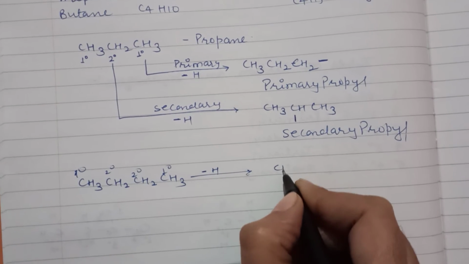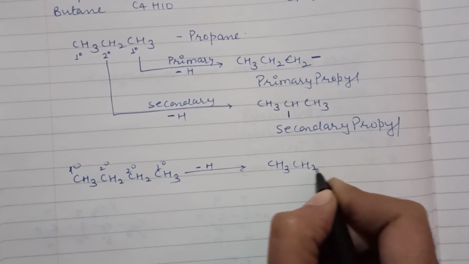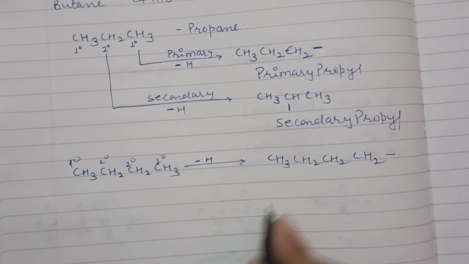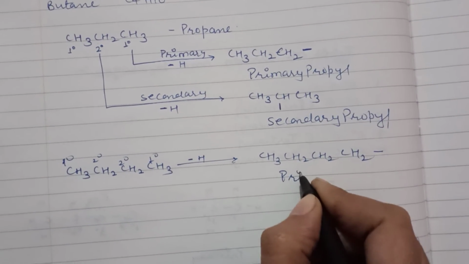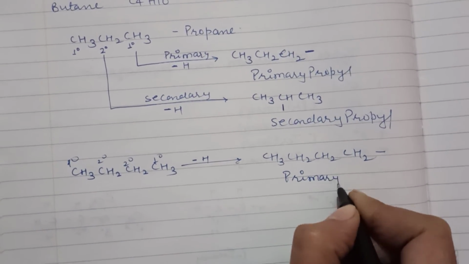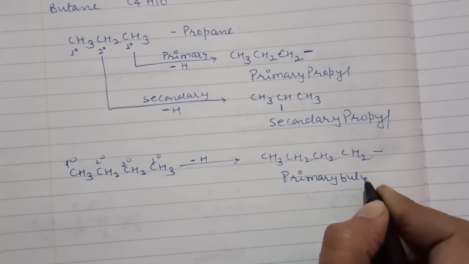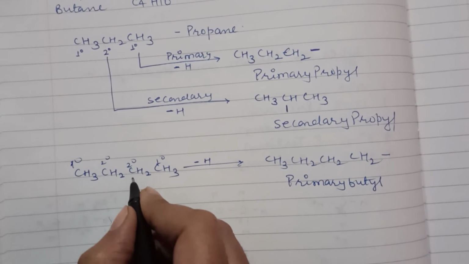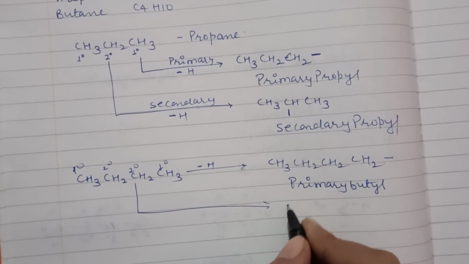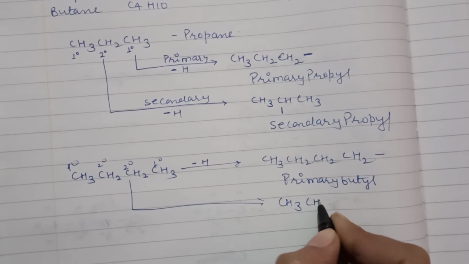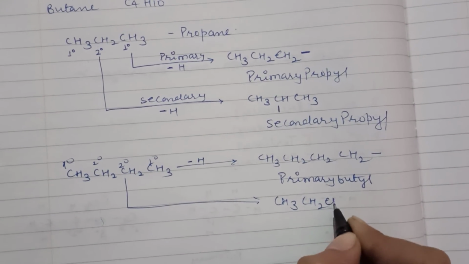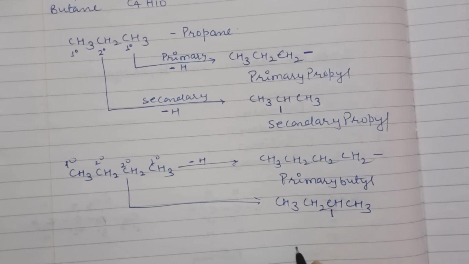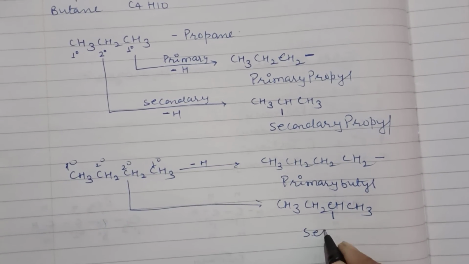So you will get CH3, CH2, CH2 and CH2 with this free valency. So this will be primary butyl. If you remove from this one, then CH3, CH2, CH with free valency, and CH3. This will be secondary butyl.